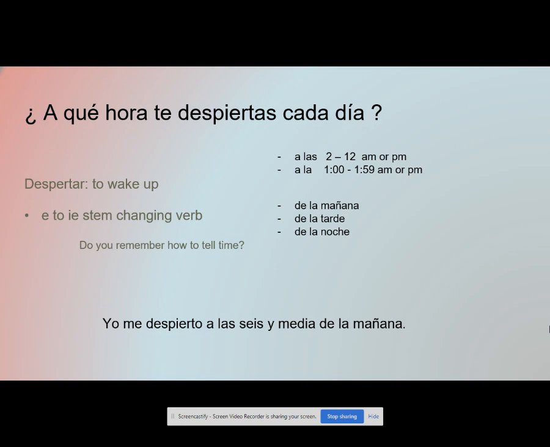We're using our prior knowledge of time, our numbers, to be able to create this response. More importantly, though, here you have this reflexive use of the verb. Yo me despierto. Despertar, because it is a stem changer, does receive that spelling change in this yo form. And then it requires that reflexive pronoun to say that I wake myself up. I am 30 years old, and my mother no longer comes to my home every day and wakes me up. I have to wake myself up. So yo me despierto a las 6:30 de la mañana.